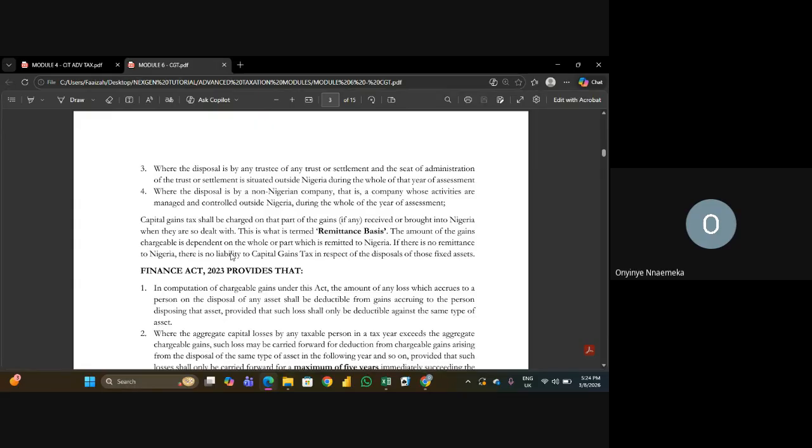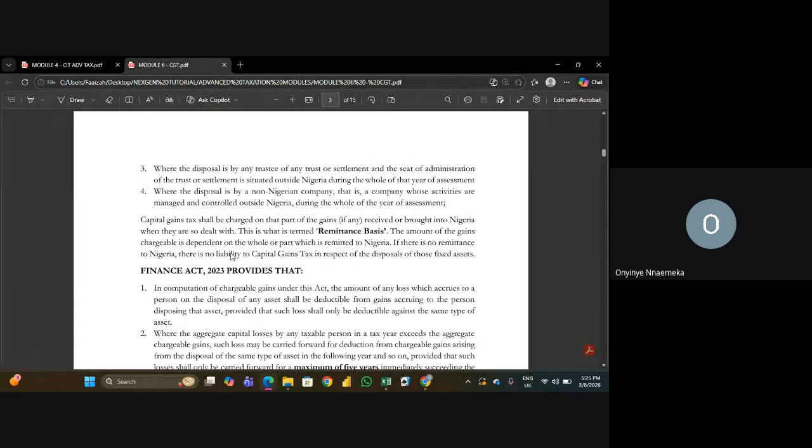If they sold the asset outside Nigeria, as long as the money did not enter Nigeria, we are not expected to tax them. But if they received the money in Nigeria, we tax them on the amount received. If they received it outside Nigeria, but brought the money into Nigeria, as long as the money has entered Nigeria, we are going to tax it.